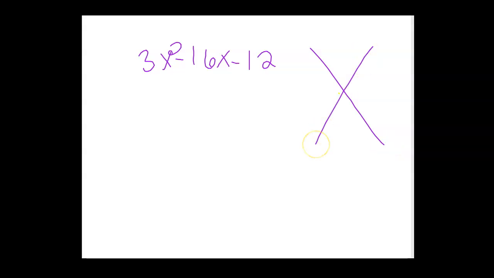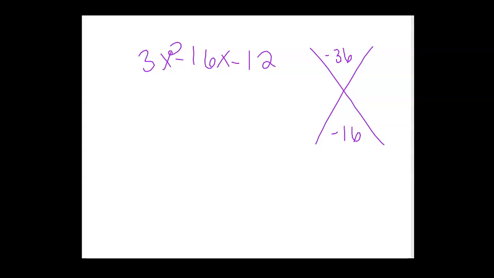So when I look at the last one, we have 3x squared minus 16x minus 12. So when you multiply 3 and 12 together, you get negative 36. And then our bottom is negative 16.